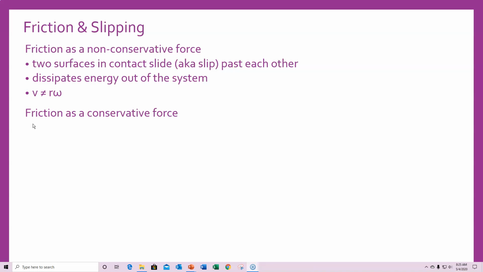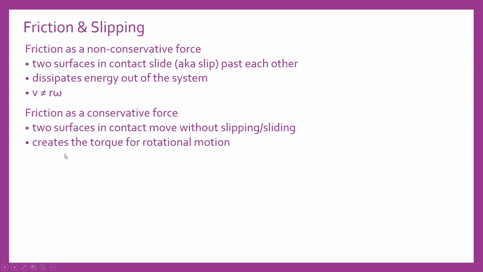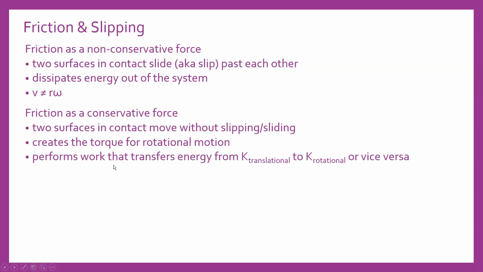Let's look at the situation where friction does act as a conservative force. This is when we have two surfaces in contact with each other and they move across each other without slipping or sliding. Examples would be a basketball rolling, or anything rolling against a surface without slipping. That friction force creates the torque for rotational motion, and that performs work that transfers the energy from the translational kinetic energy to the rotational kinetic energy, or vice versa.